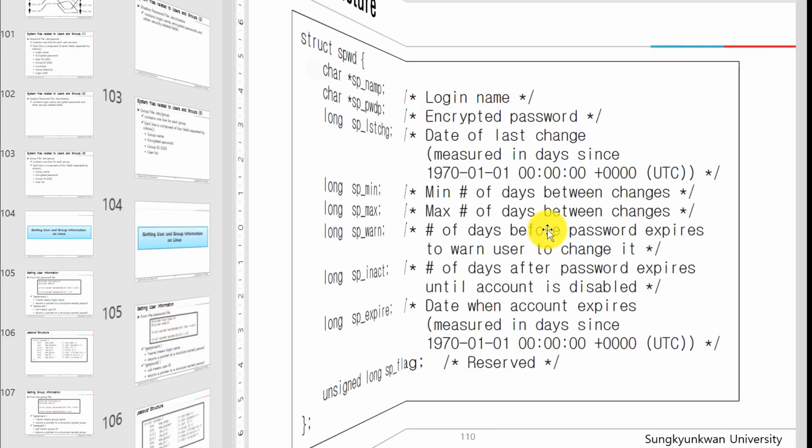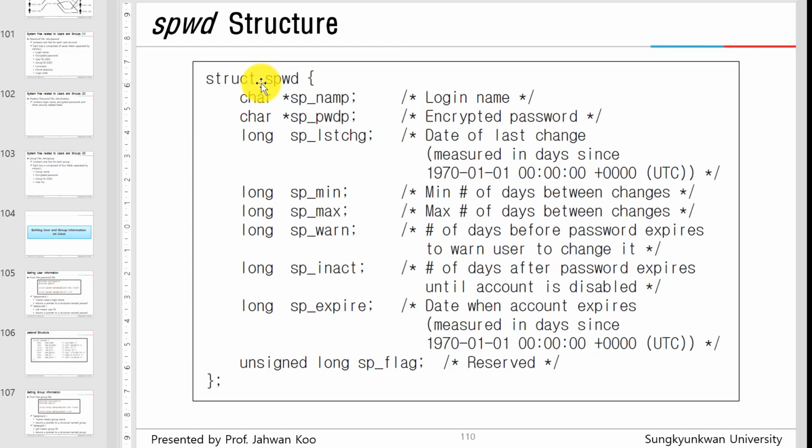Here is the spwd structure. This structure has several fields, such as login name, encrypted password, date of last change, min number of days between changes, max number of days between changes, number of days before password expires to warn the user to change it, number of days after password expires until account is disabled, date when account expires, and reserved field.